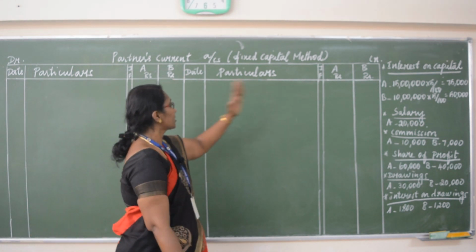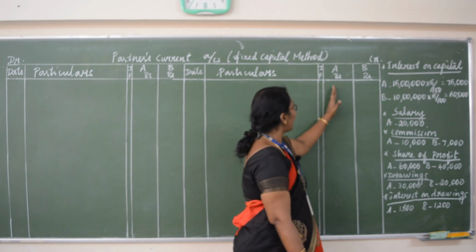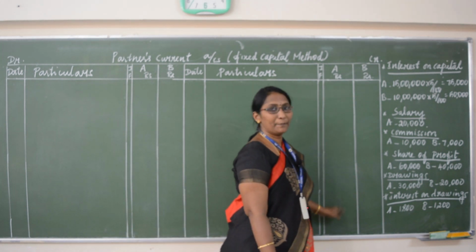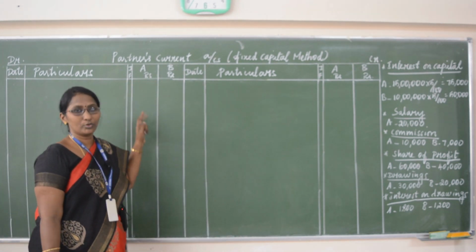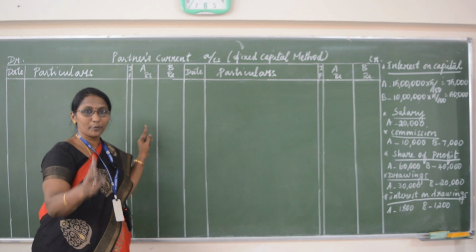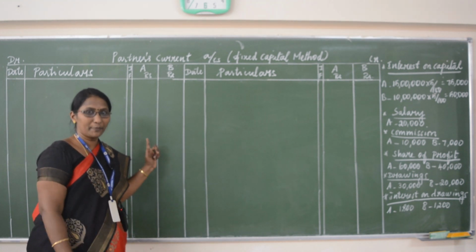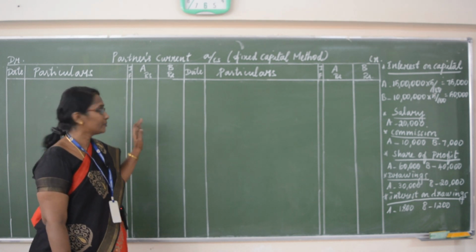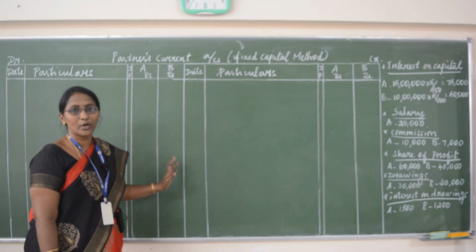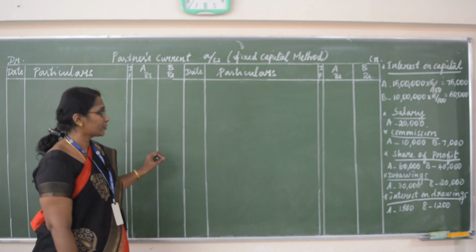From here, credit values: date, particulars, JF, partner A and partner B. So once again, what is the heading? Partner's current account. Under fixed capital method, we do prepare two ledgers. One is partner's capital account, which I have already prepared. This is partner's current account, the second one. All the adjustments we are going to enter in partner's current account.